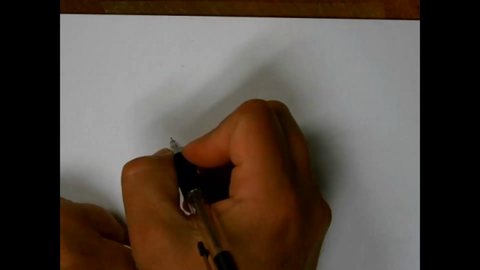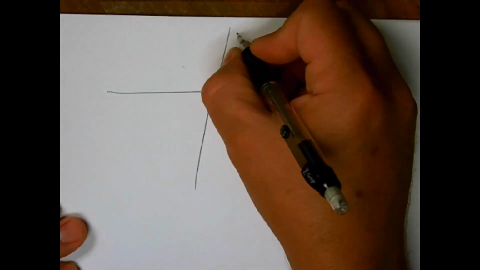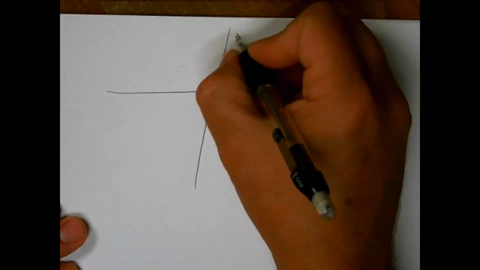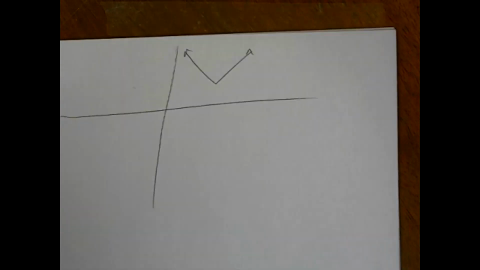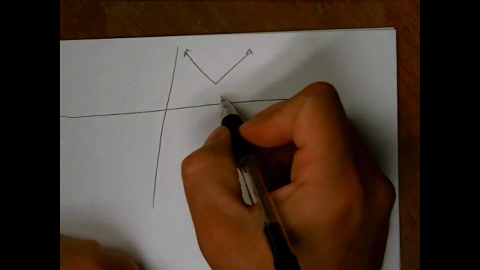So let's look at some reasons. Let's look at some things that might cause a limit to not exist. And let's take a graphics approach for starters. For example, what if I was looking at this function? That's just an absolute value function that's been relocated. It's been moved from the origin right and up.